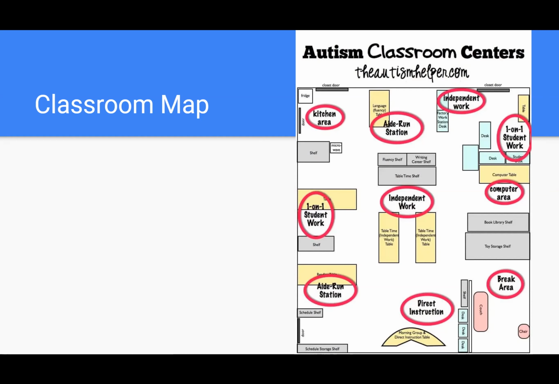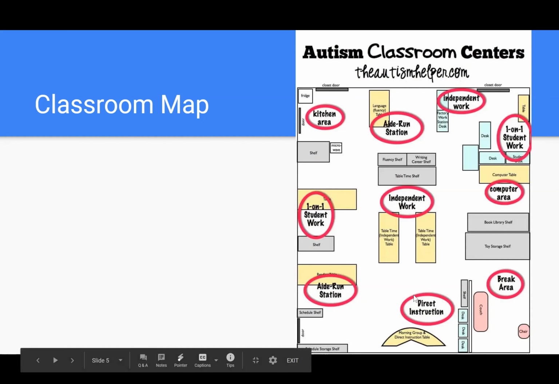So if there's something out there that is relevant that we can use, we snatch it up and borrow when we can. So lots of tables, not really independent desks. The only single desk would be in the direct instruction area, and there's still that group over here.